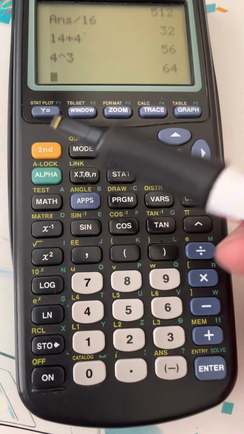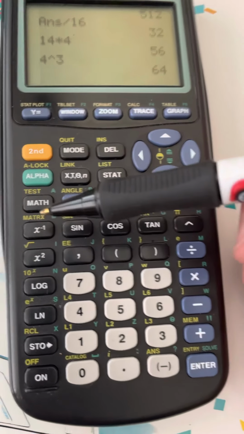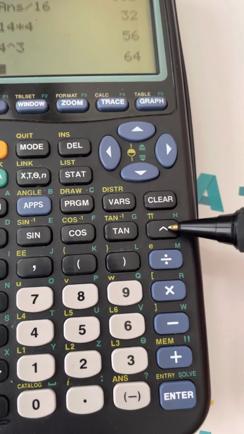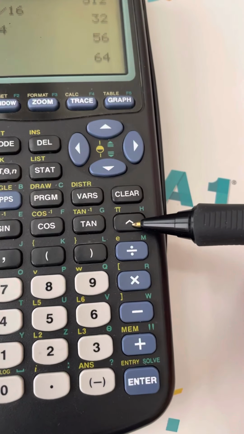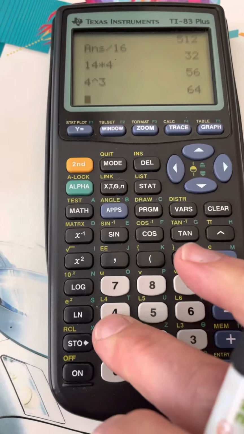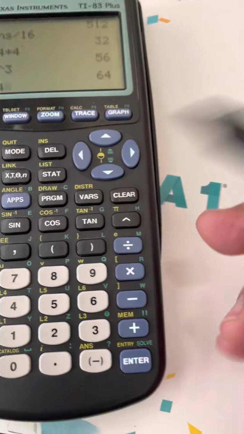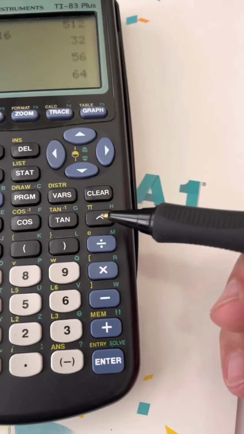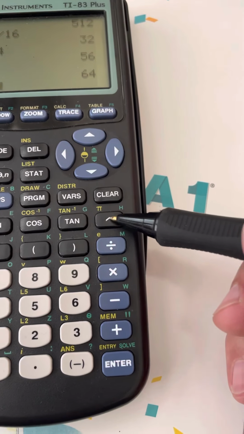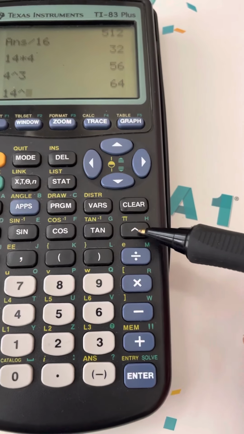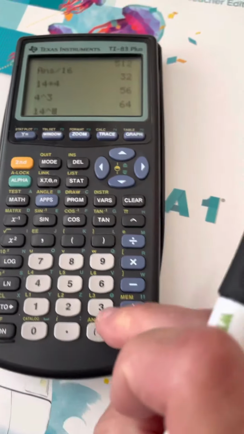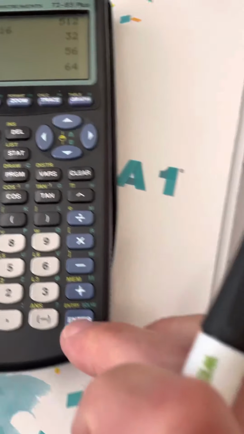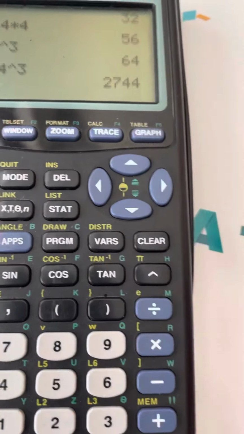If you have a different looking calculator, you're looking for this up button to get your exponent. So you would put in 14. Find the up button. It might be in a different place, but it looks like this. They call this a caret. So you use that, and then you press 3, and it equals, and it gives you the answer 2,744.